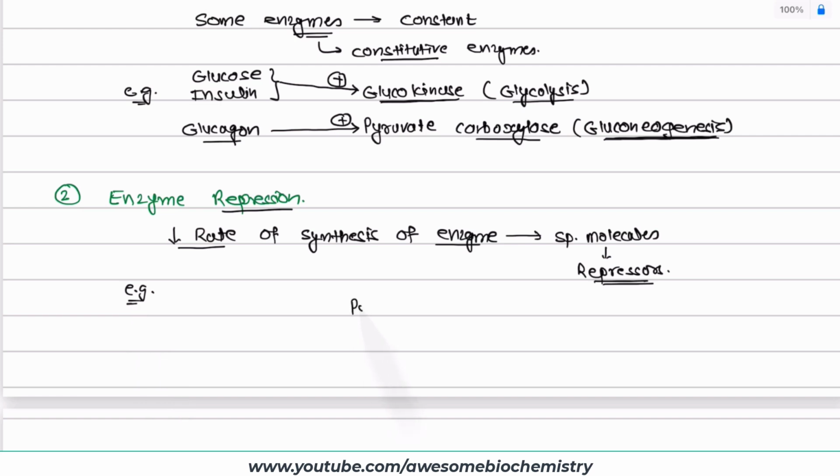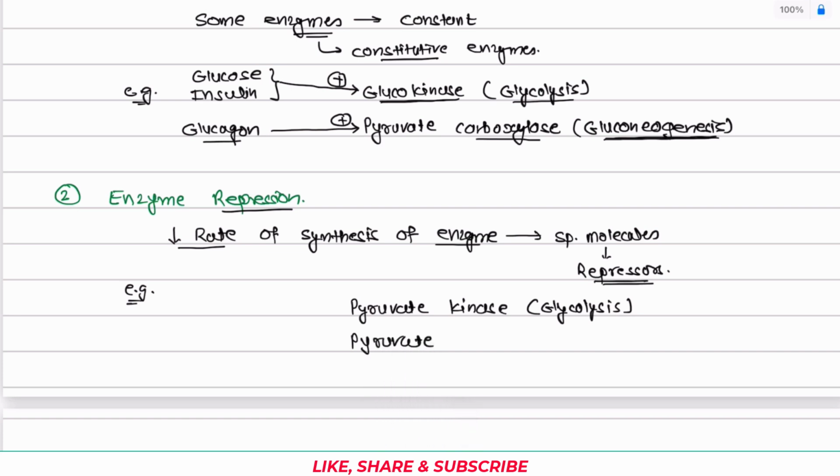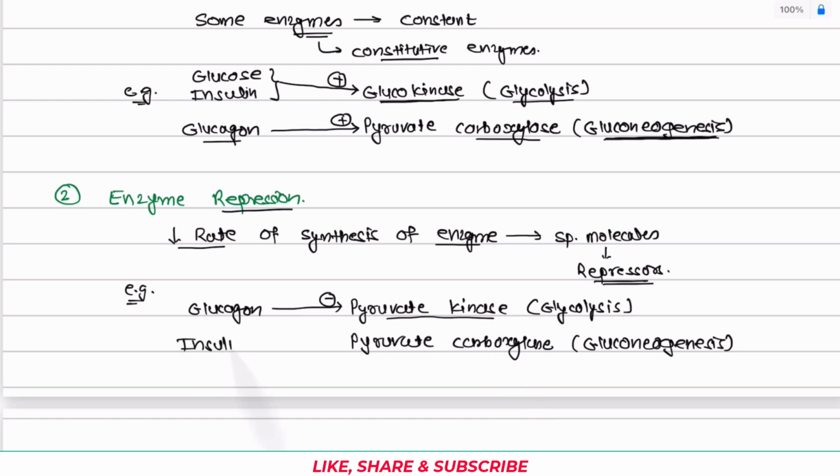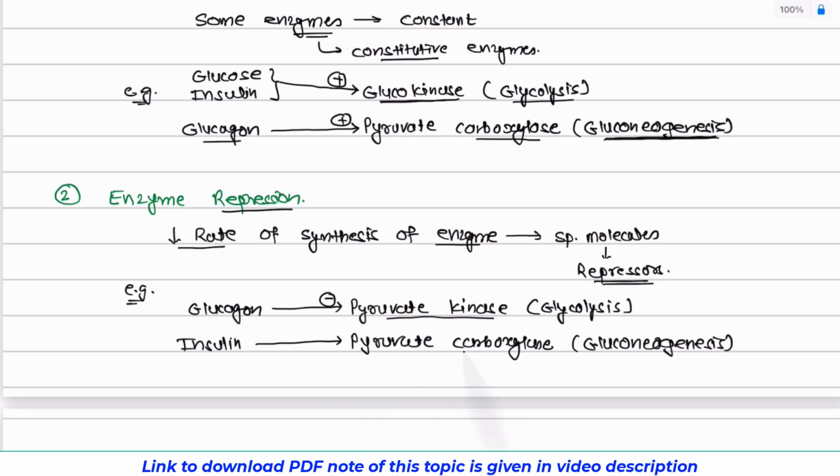The first one is pyruvate kinase, which is the enzyme of glycolysis, and second one is pyruvate carboxylase, which is of the pathway gluconeogenesis. Now this pyruvate kinase is repressed by the hormone glucagon. So glucagon decreases the rate of synthesis of pyruvate kinase, whereas insulin acts as a repressor for pyruvate carboxylase. That means insulin inhibits or decreases the rate of synthesis of pyruvate carboxylase.